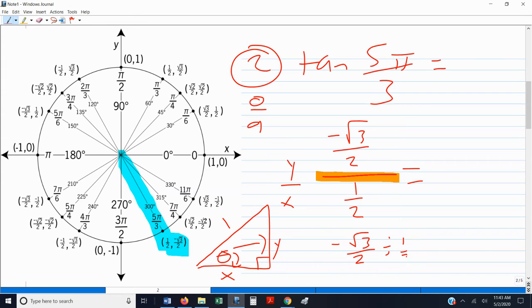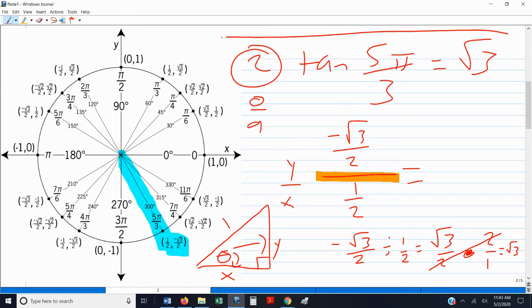And dividing by 1/2, you would also say dividing is the same thing as multiplying by the reciprocal. And I would just cancel those 2's. You have a 2 on top and a 2 on the bottom, leaving you with root 3 over 1, which is just root 3. So this answer is root 3. A little bit more arithmetic on that one.